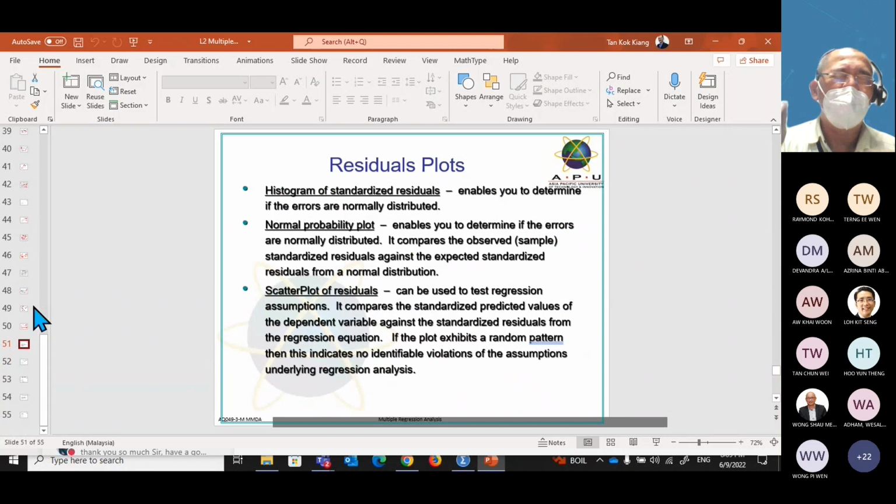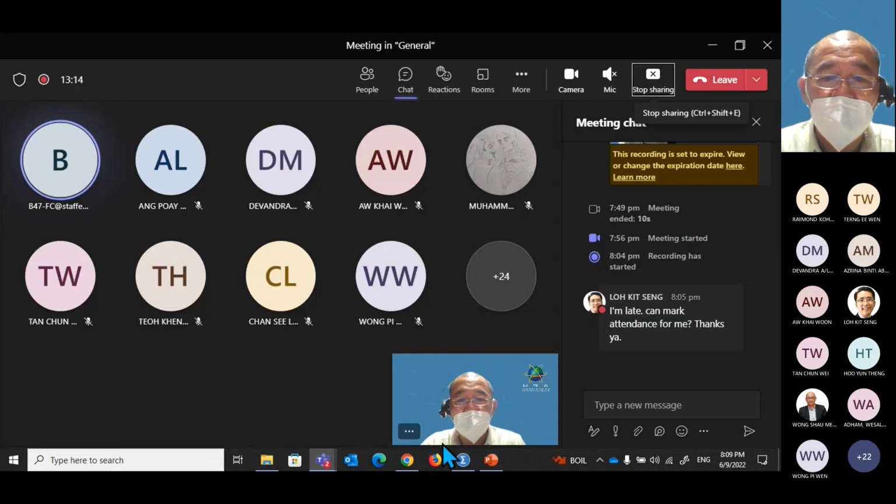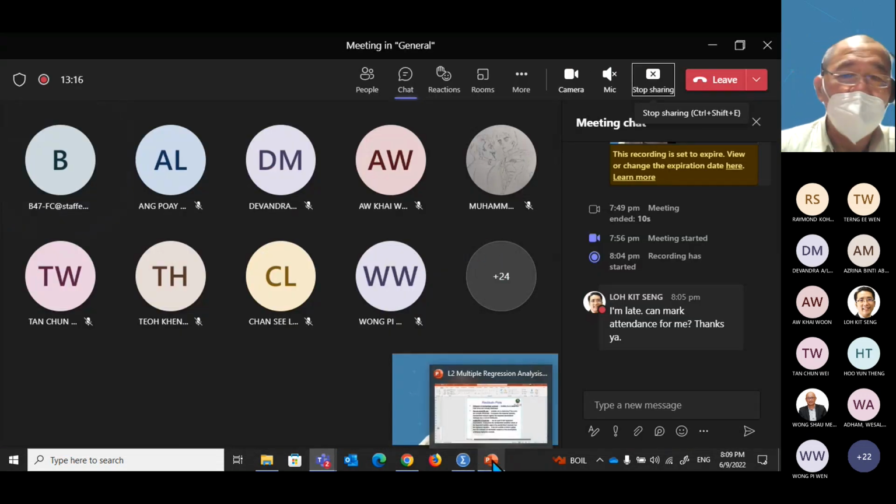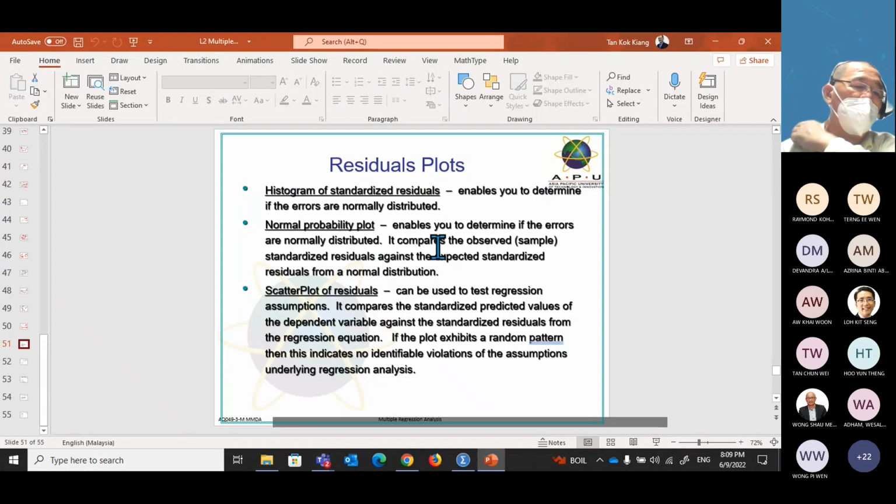Okay, so I think we can start. Now we are going to see the residual plot. Again, the residual means error, the error term.